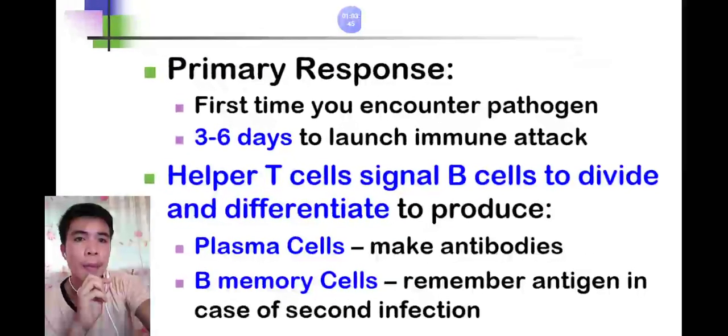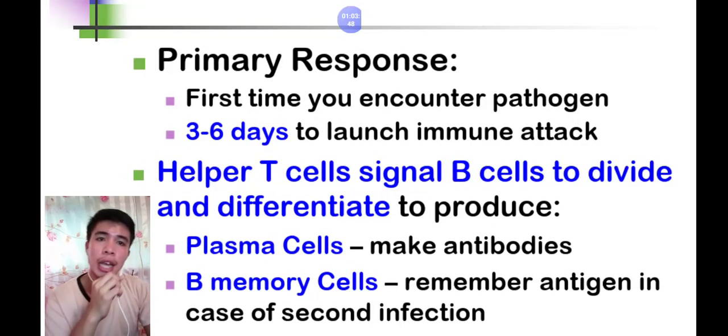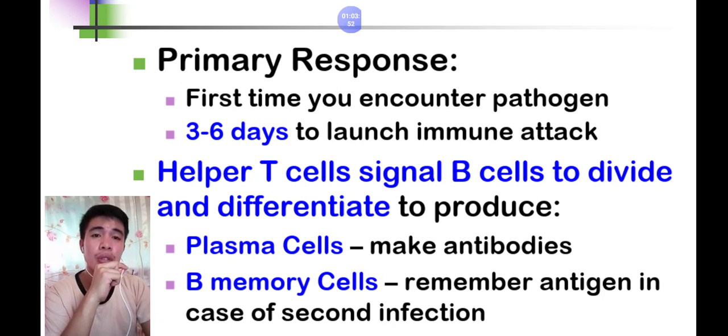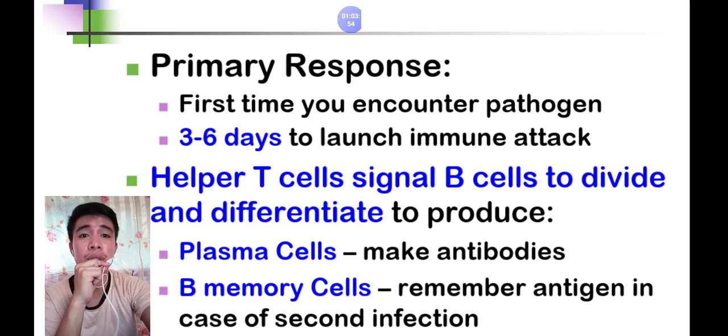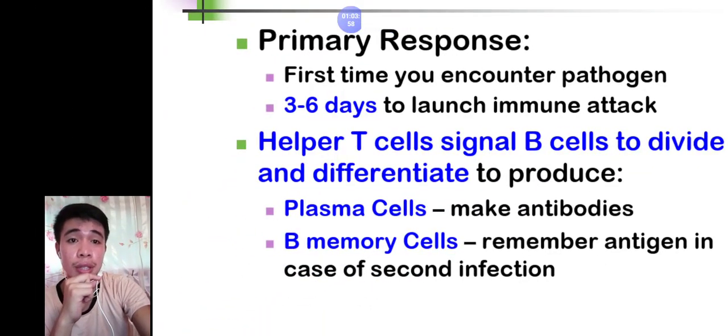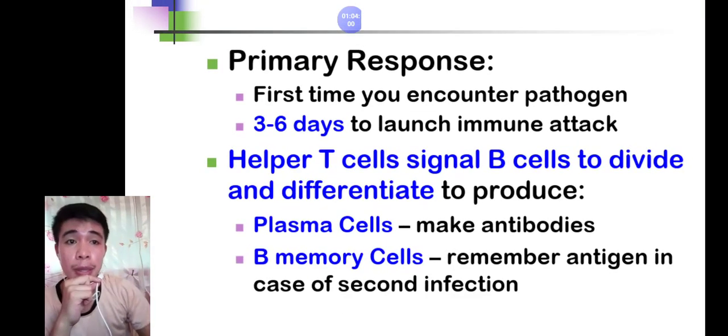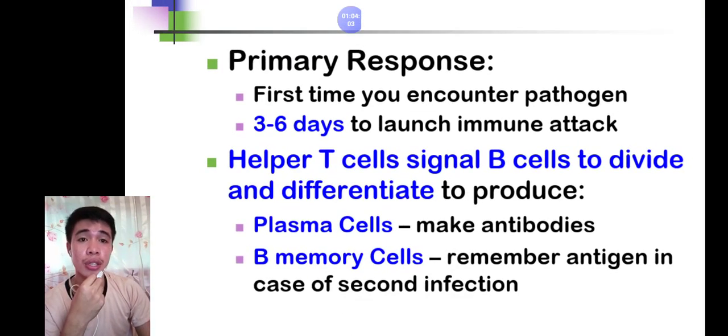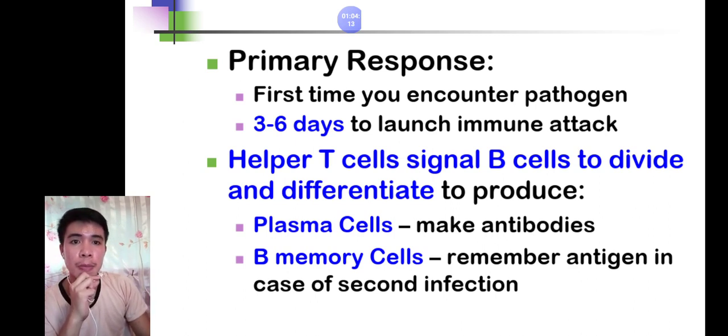Primary response: the first time you encounter a pathogen, it takes 3 to 6 days to launch an immune attack. When pathogens enter our body, it doesn't mean our immune system responds immediately. So it takes 3 to 6 days before the immune system launches a response.